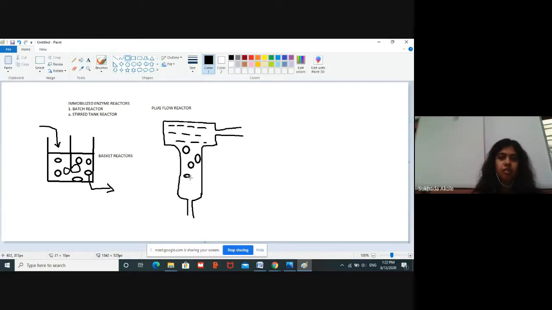Again, these circles are my immobilized enzymes. So my enzymes are within these matrices.